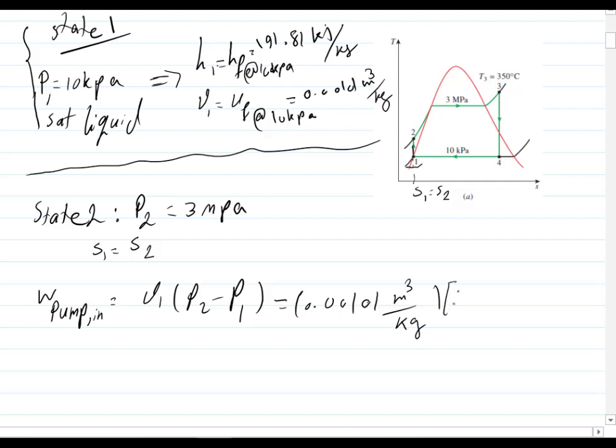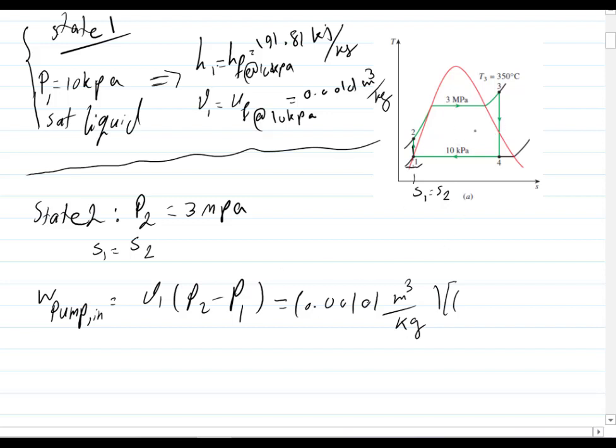And also we have P2 and P1. P2 is 3 megapascal, P1 is 10 kilopascal. Do not forget to convert the unit of the pressure here. We should have the same unit for both of these two pressures.